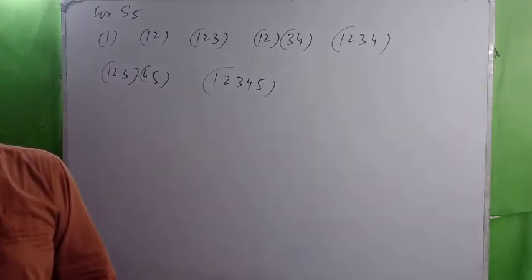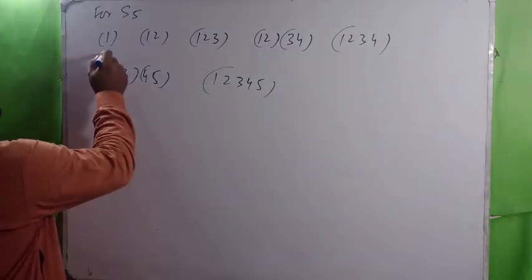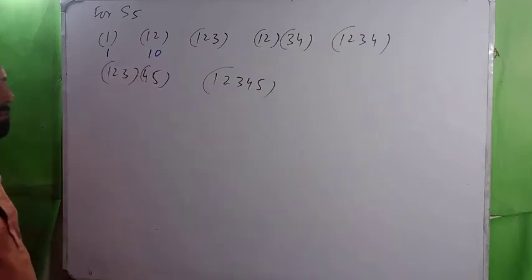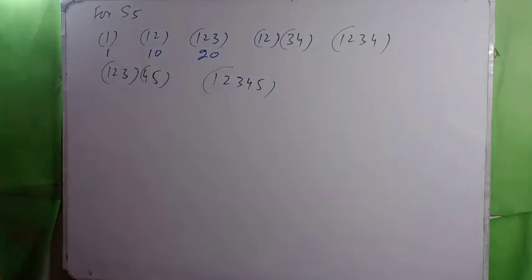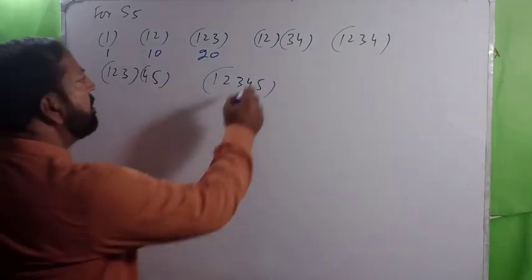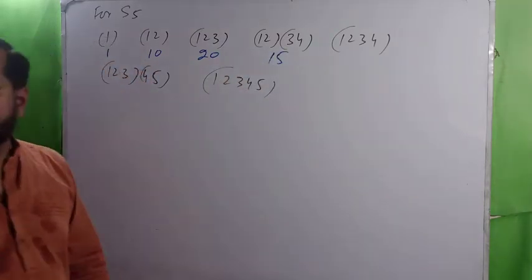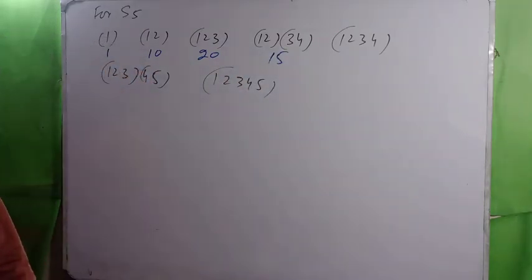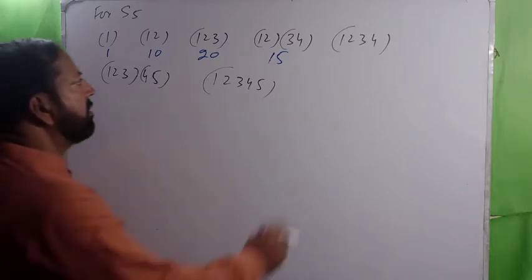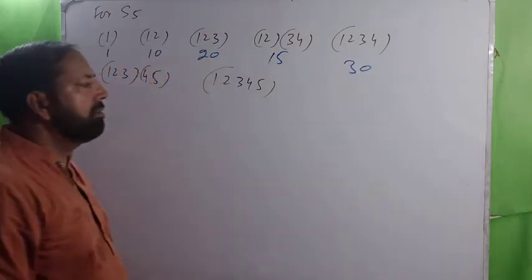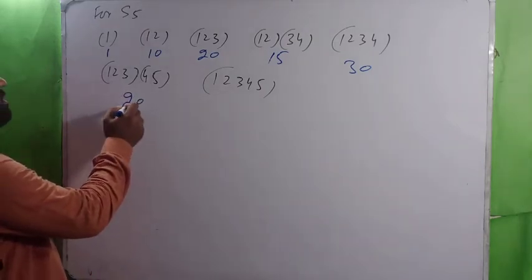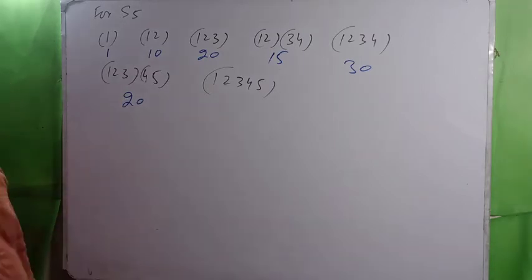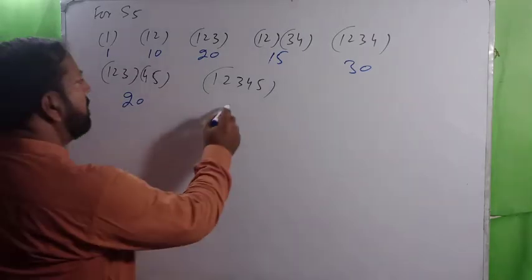Their sizes were 1, then 10, 20, 15, 20, 30, and 24. I just calculated these. Then for the 5-cycle there are 24 elements in its conjugacy class.